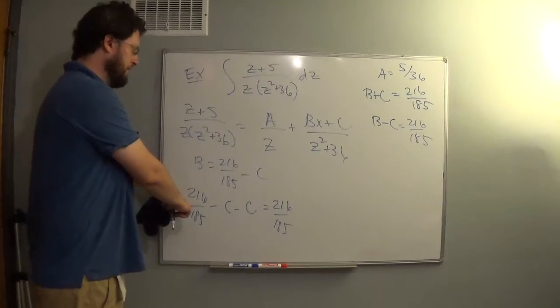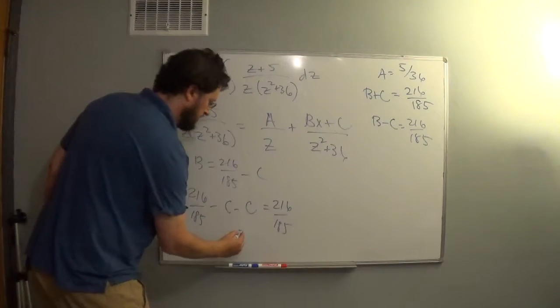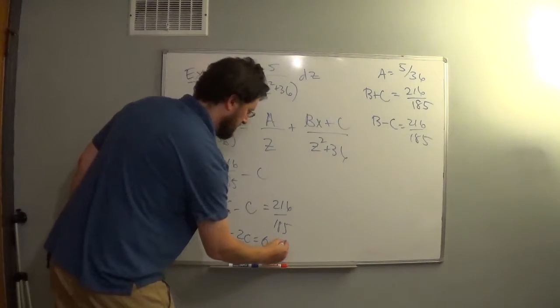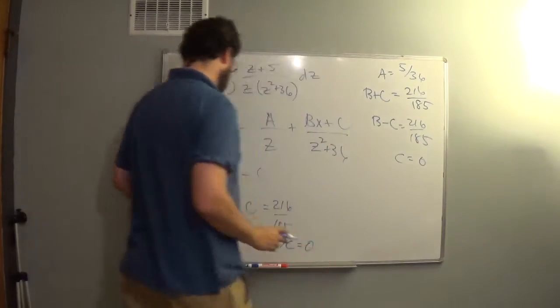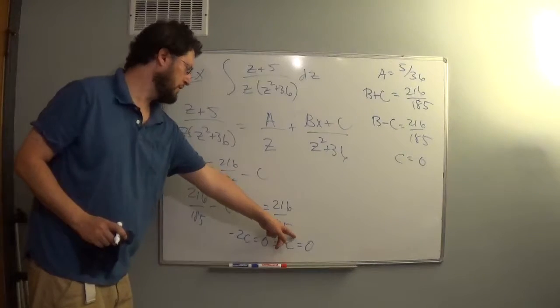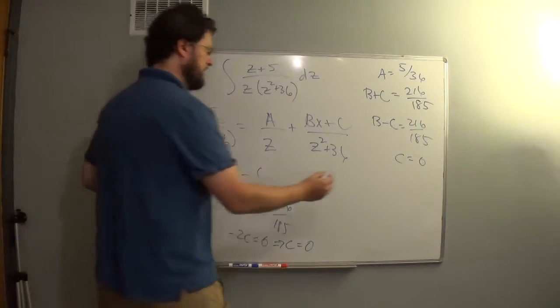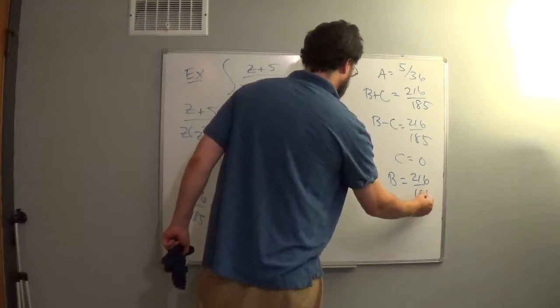These are both positive, so this will end up becoming 0. Negative 2C is equal to 0. So that tells me that C is equal to 0. But if C is equal to 0, then plugging it right back in here tells me that B is 216 over 185.